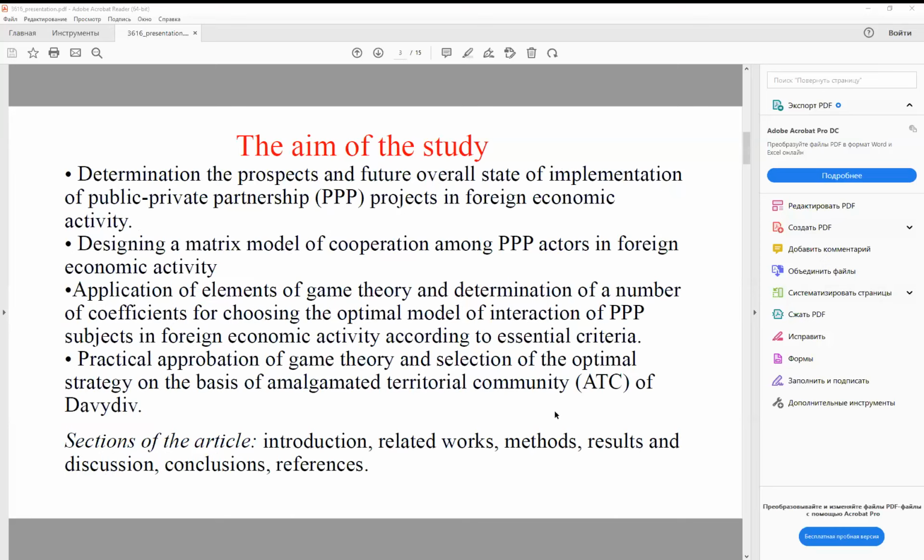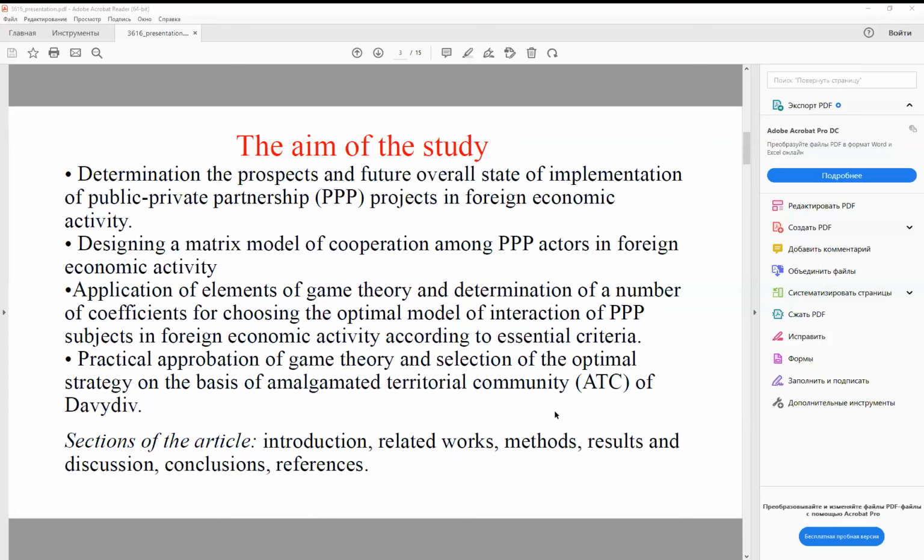Next is the aim of the study: determination of the prospects and future overall state of implementation of public-private partnership projects in foreign economic activity. And next, designing a matrix model of cooperation among PPP actors in foreign economic activity. And next are implementation of elements of game theory and determination of a number of coefficients for choosing the optimal model of interaction of PPP subjects in foreign economic activity according to essential criteria.